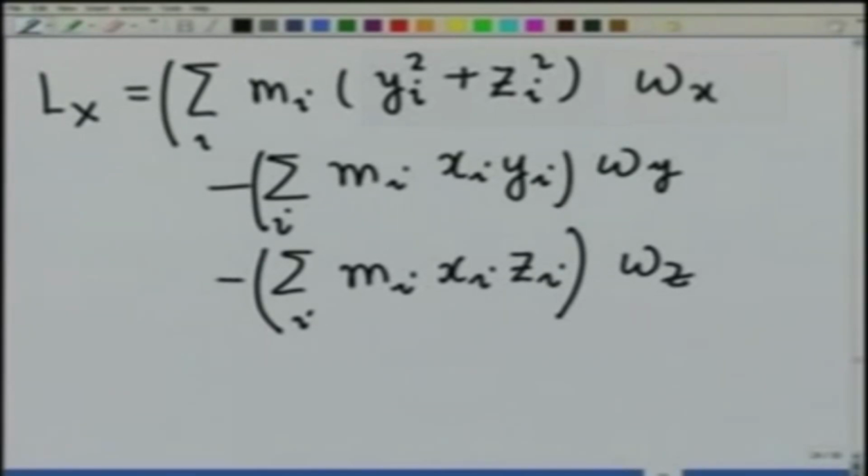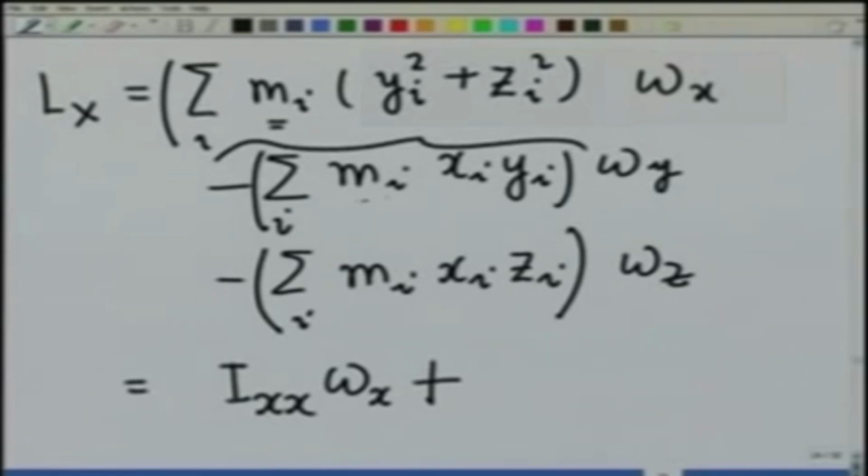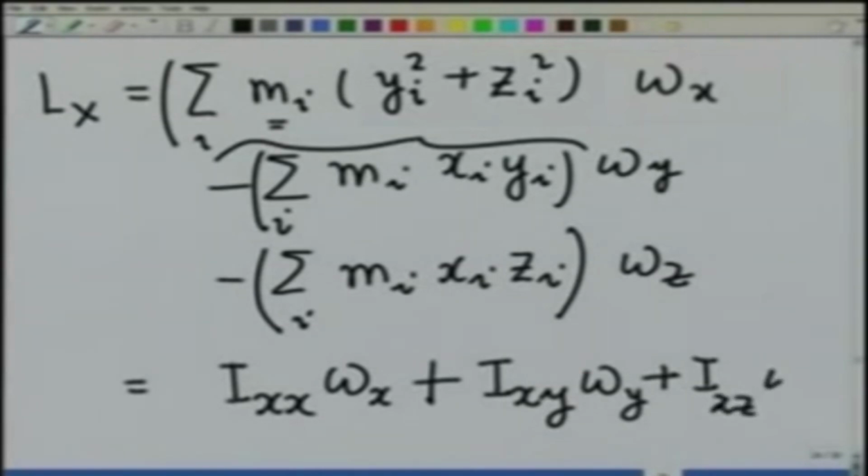You recall, yi square plus zi square is the perpendicular distance squared of the ith particle from the x axis. So, this is nothing but the moment of inertia about the x axis. Let me write this as Ixx omega x plus, minus summation mi xi yi, which I define as the product of inertia Ixy, multiplied by omega y, plus the last term, which I identify as the product of inertia Ixz, times omega z.